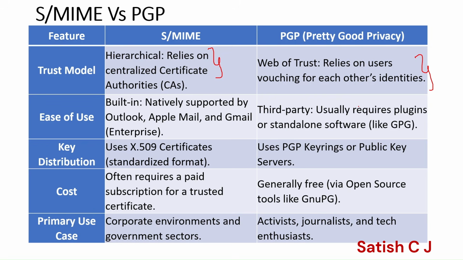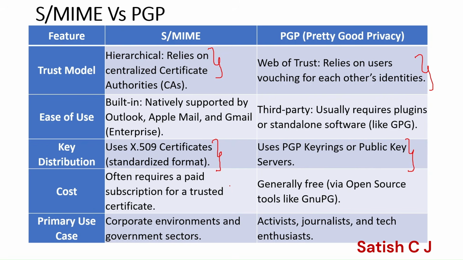Whereas with pretty good privacy, you need to install third-party or standalone software like GPG. When you talk about key distribution, public keys are distributed using X.509 certificates in a standardized format. Here we generate public keys using specialized software and or public key servers.